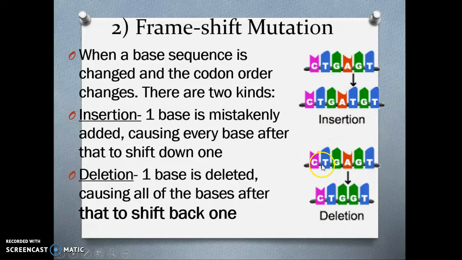Deletion's the same thing. You're still going to read in groups of three, CTG, AGT. So you have two amino acids that would be made here, this one and this one. But if we deleted it, look what happens. CTG, we got rid of the A for unknown reasons, GT, and we would pick the next one if there was. So deletion and insertion frame shifts the entire codon from being read.